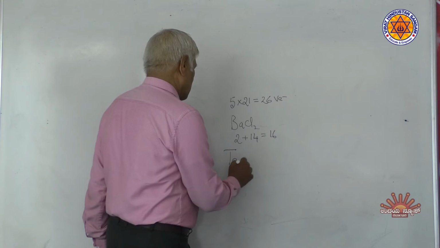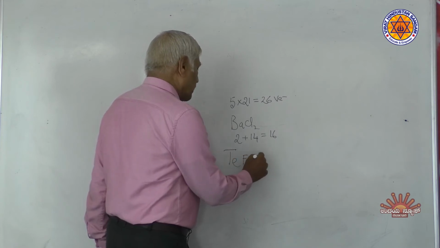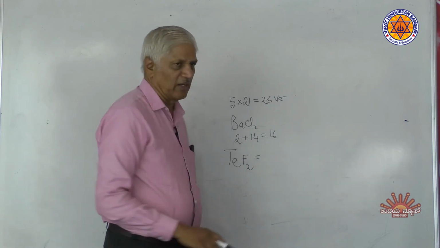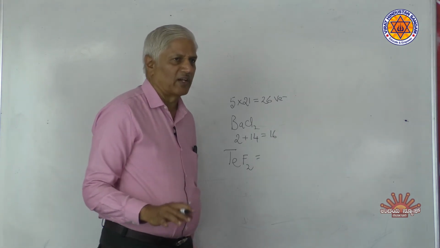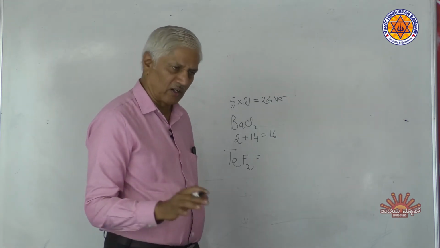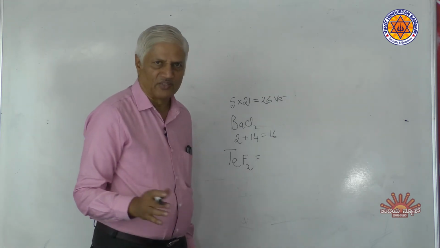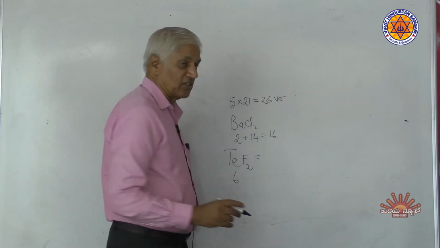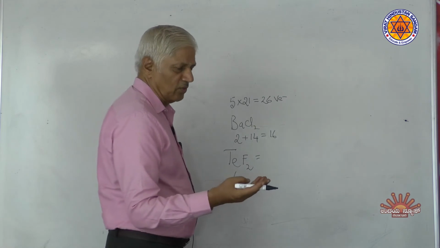TeF2. Look here, tellurium. We have not given you any rare element, because tellurium and selenium are in the 16th group along with oxygen and sulfur. So they also contain 6 electrons, just like oxygen and sulfur. Which are the elements?